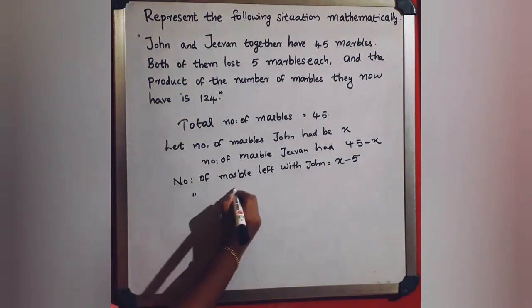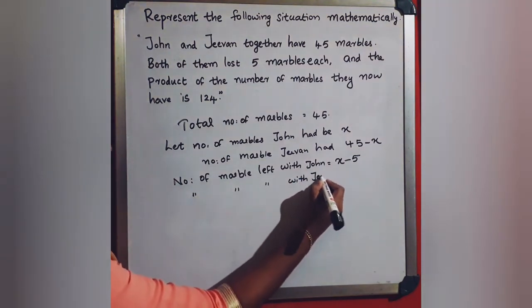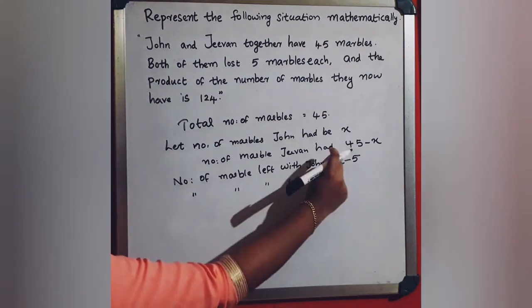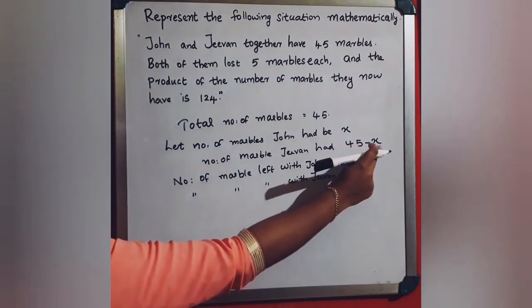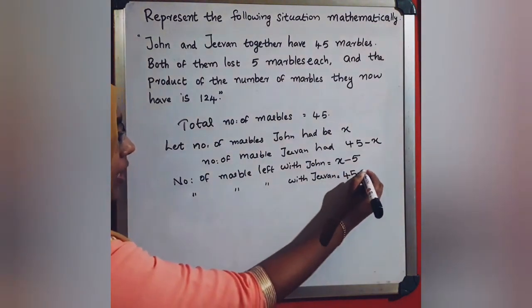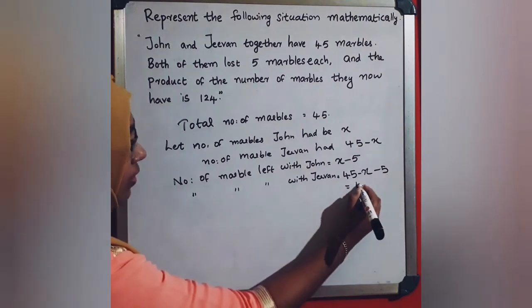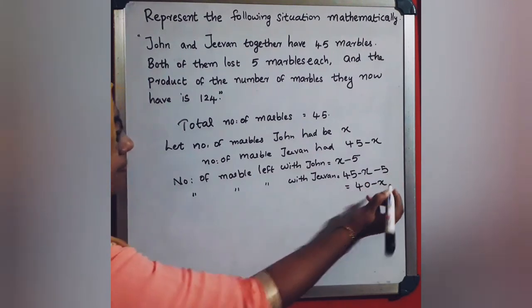The number of marbles left with Jeevan: Jeevan had 45 minus x marbles and he lost 5 marbles, that means 45 minus x minus 5. 45 minus 5 is 40, that is 40 minus x.